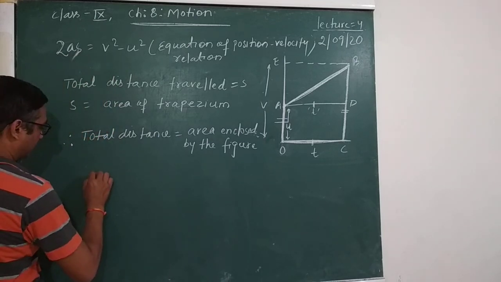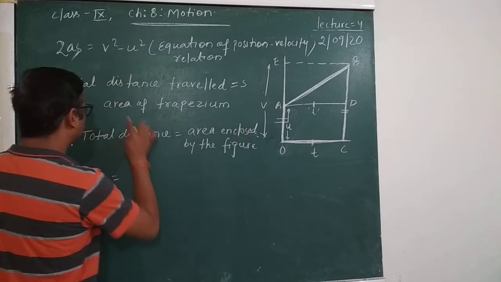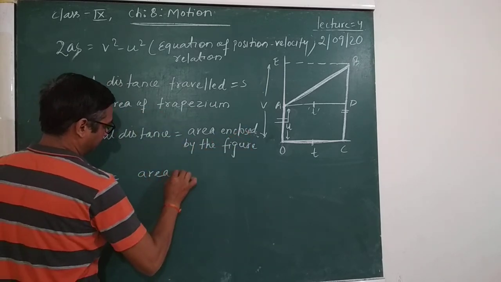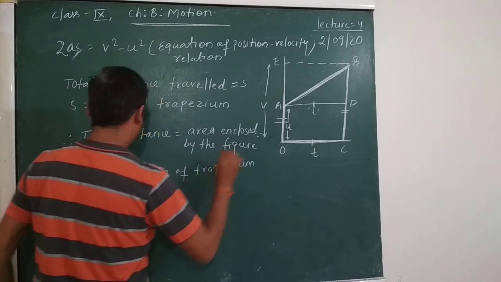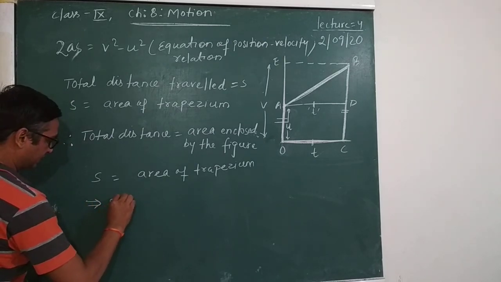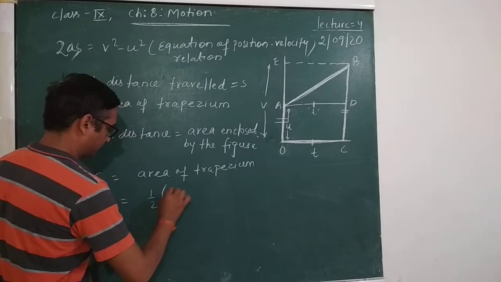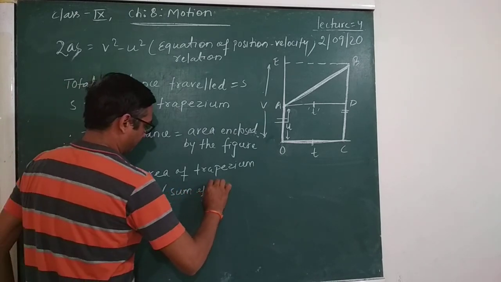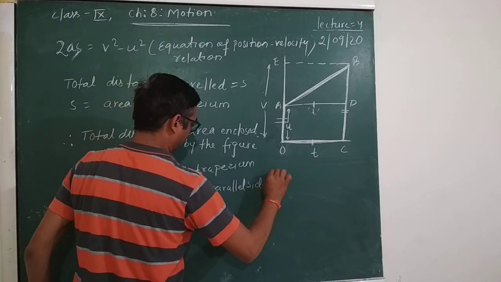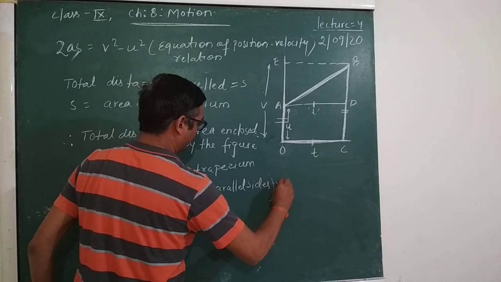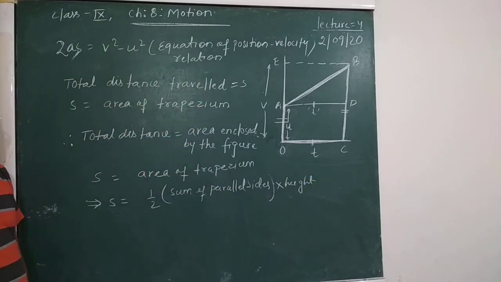So the total distance s is equal to the area of the trapezium. Now the area of a trapezium, you know, is 1 by 2 times the sum of parallel sides into height.